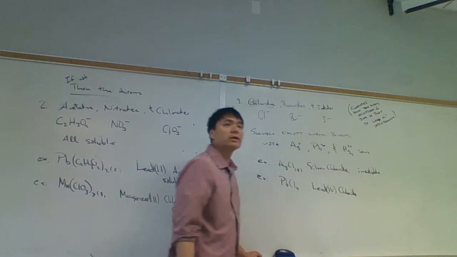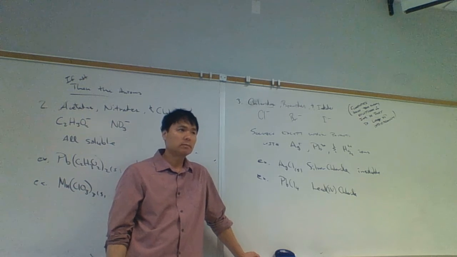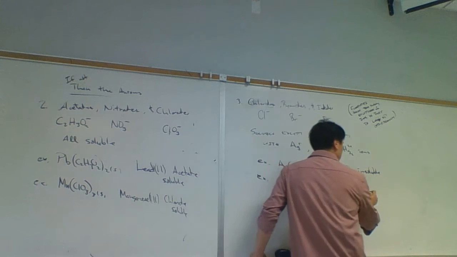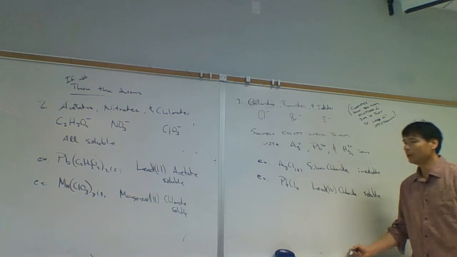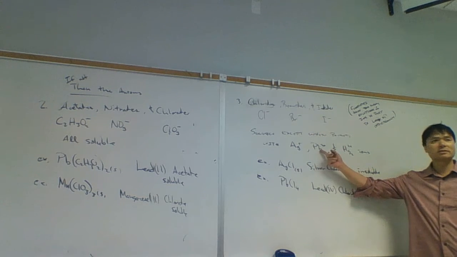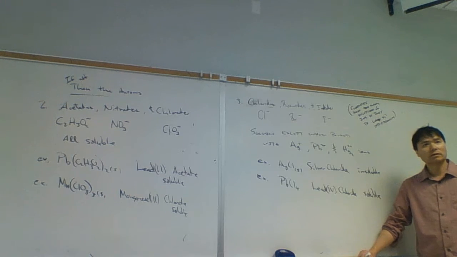Lead 4 chloride should be soluble or insoluble? It should be soluble. It's not an exception. And therefore, it should dissolve. Which is weird because lead 2 chloride doesn't dissolve, but lead 4 chloride does dissolve. It's weird, but it's because of the structure. If we look into the structure, then it makes more sense.